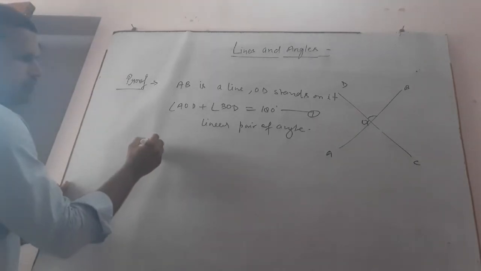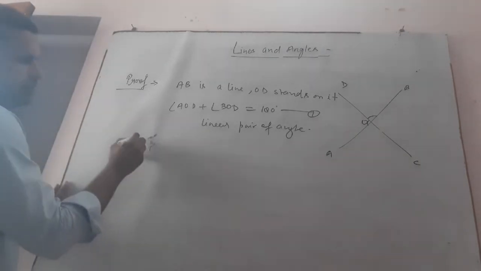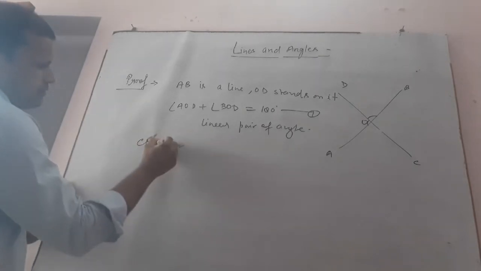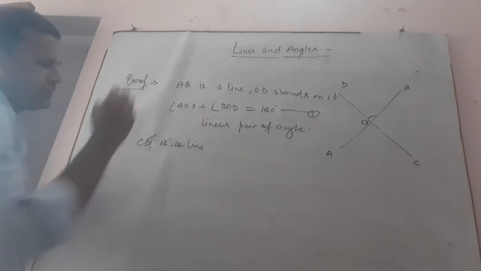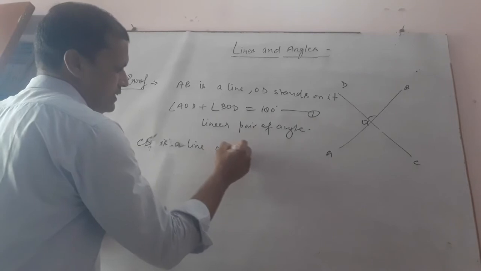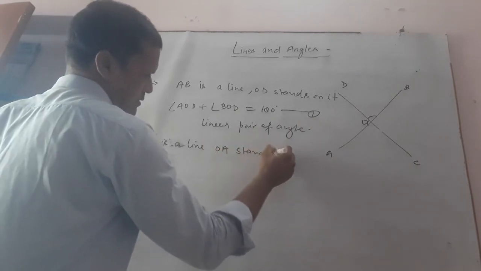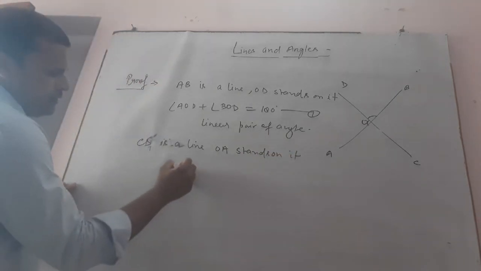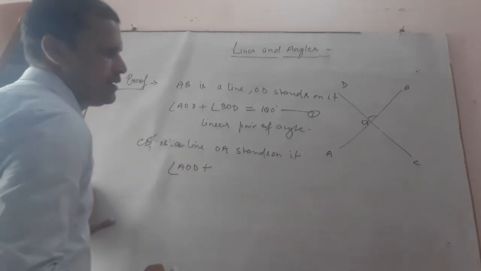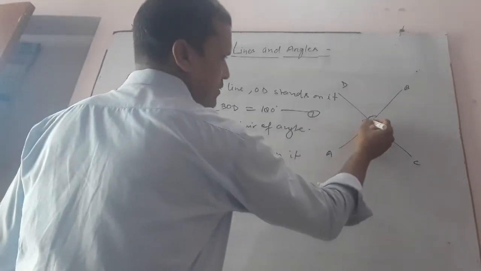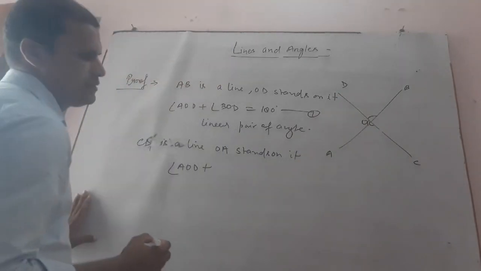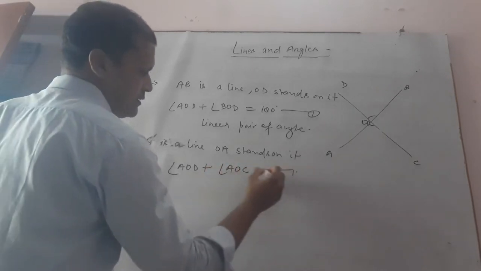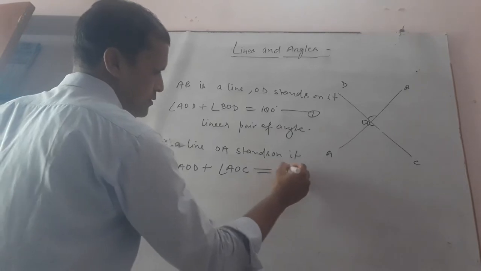Similarly, if CD is a line and OA stands on it, then angle AOD plus angle AOC equal to 180 degrees.